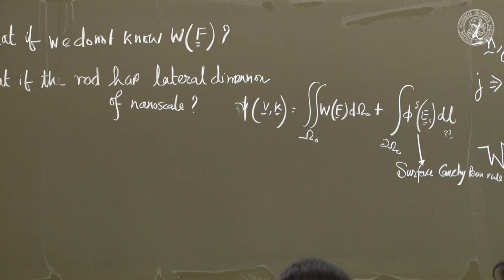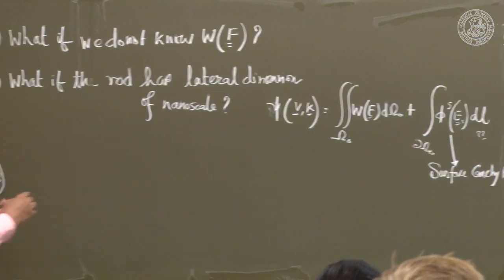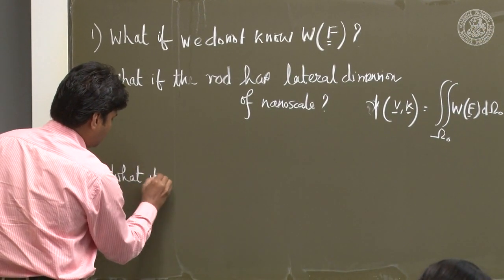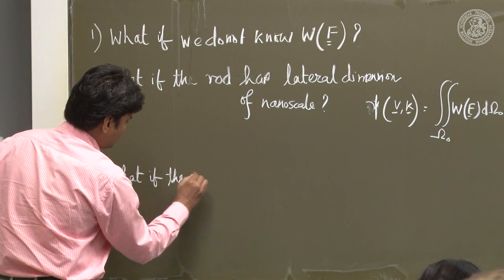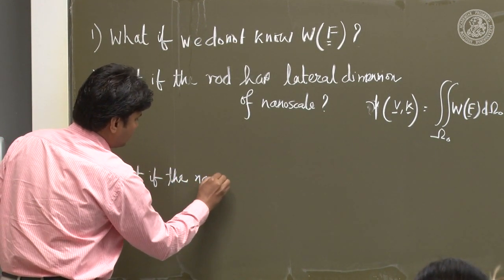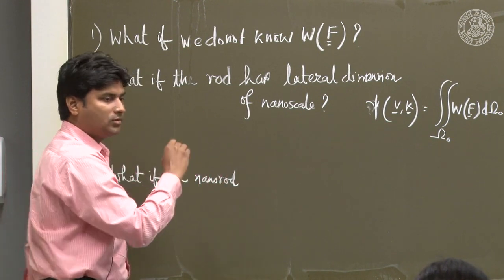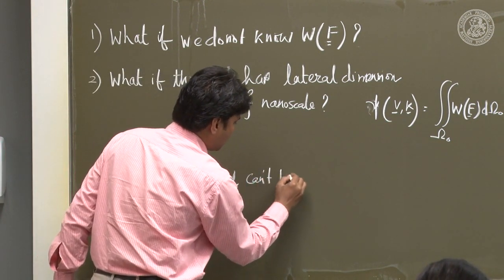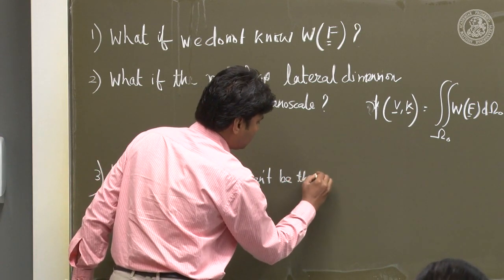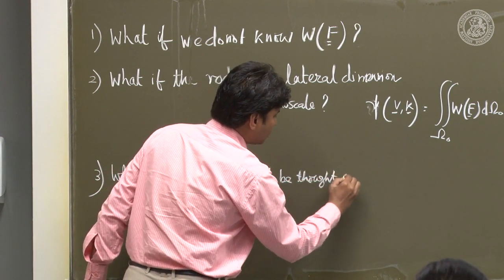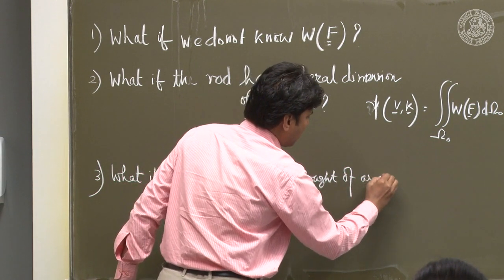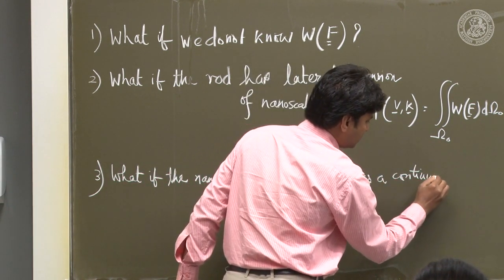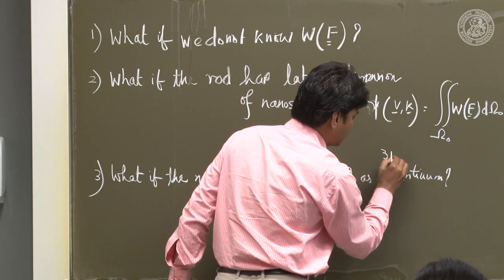Now, the third question is, what if the nanorod can't be thought of as a continuum, I mean as a 3D continuum.